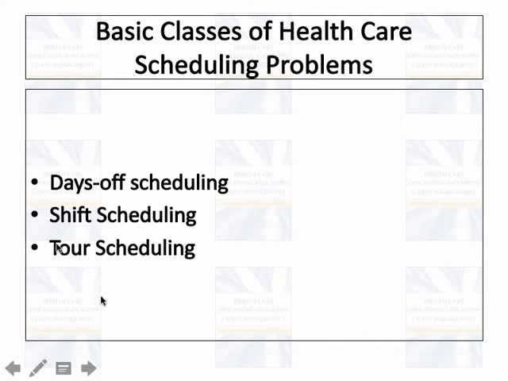Also shift scheduling, what type of shift they want to have, and tour scheduling for the specific tour they have. So these are the different scheduling problems that you're going to face in healthcare hospitals.